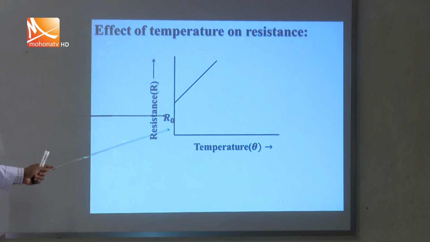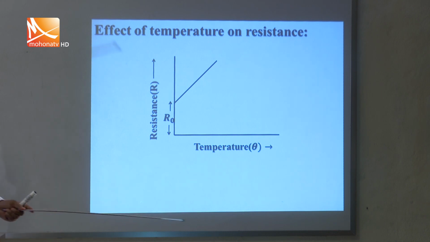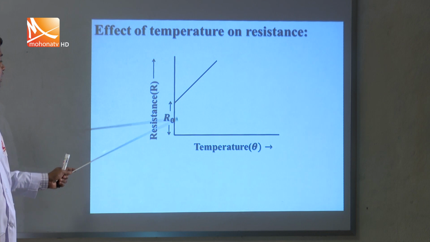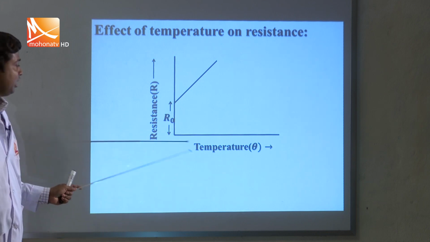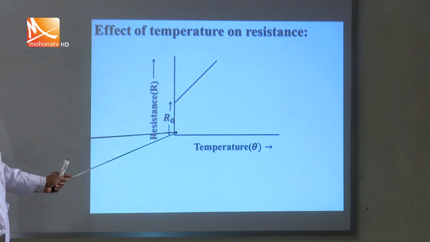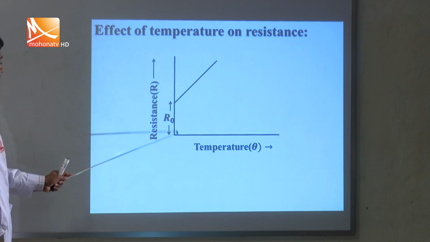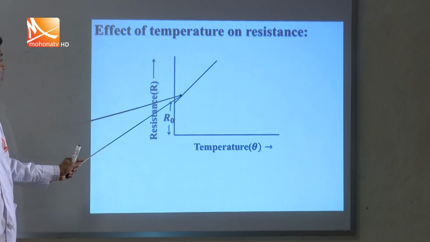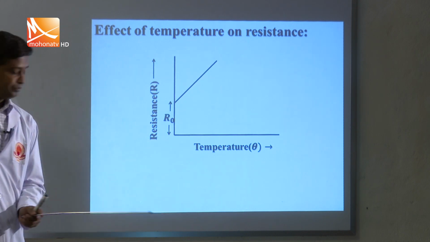This portion is the initial resistance, that is R naught, the resistance at 0 temperature. With the increase of temperature, resistance increases in a linear way.